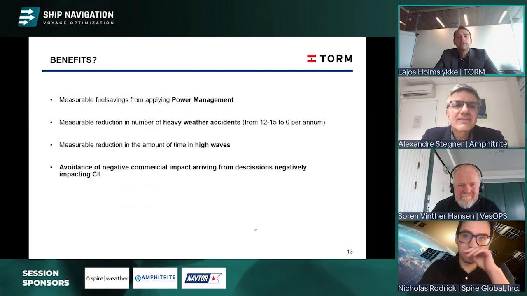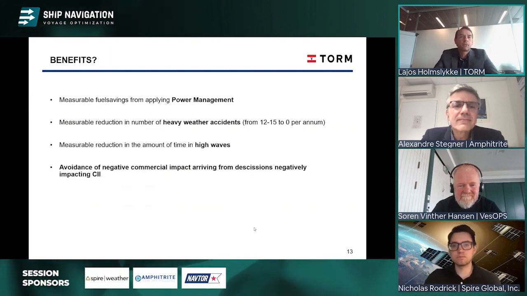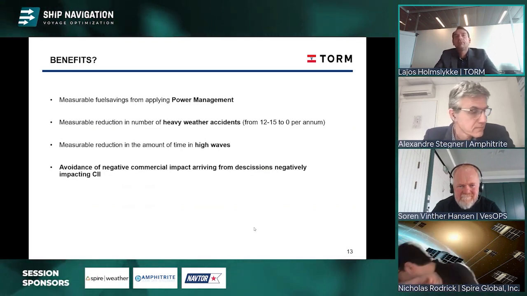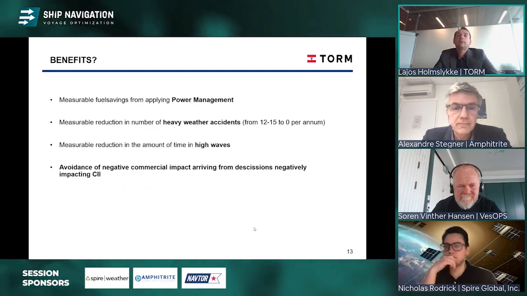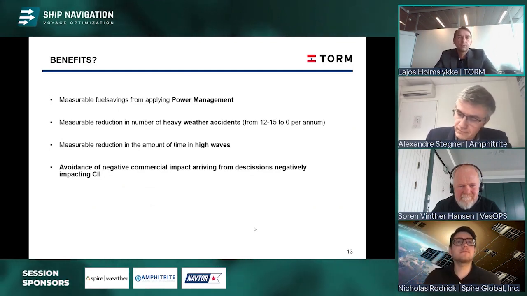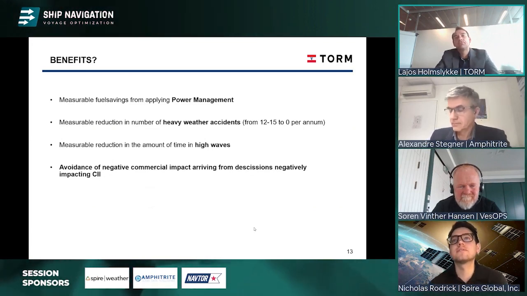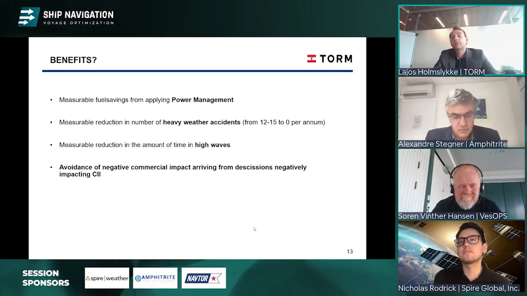So a little bit about the benefits that we see. We definitely see a measurable fuel saving from applying power management. That's constant power. We can see that the number of heavy weather incidents that we have observed and that are being reported from our vessels has reduced from somewhere between 12 and 15 to 0 per annum.